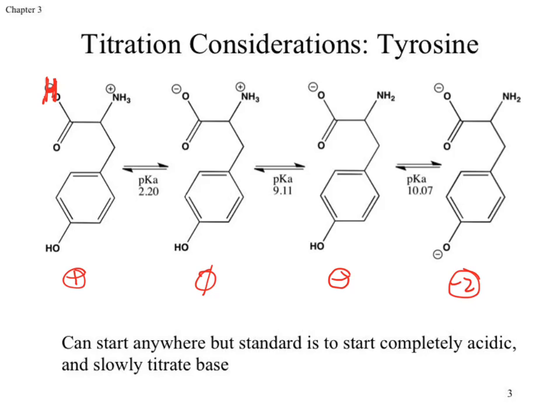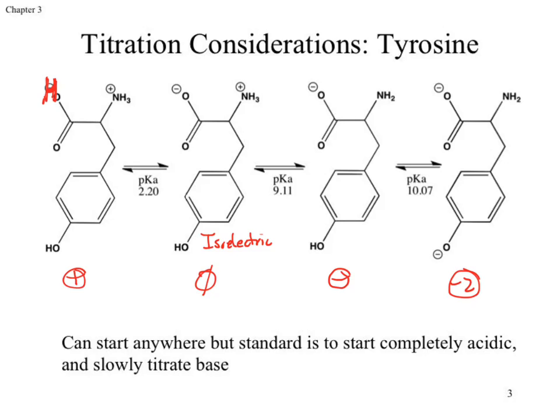Where's our isoelectric point, or our isoelectric compound? Our neutral one. So this is our isoelectric. Clearly someone has read ahead a little bit. What is the pI? It's the point at which we have purely this compound. Okay. So it's going to be whatever the pH is when this hits, but this hits halfway between these two structures.